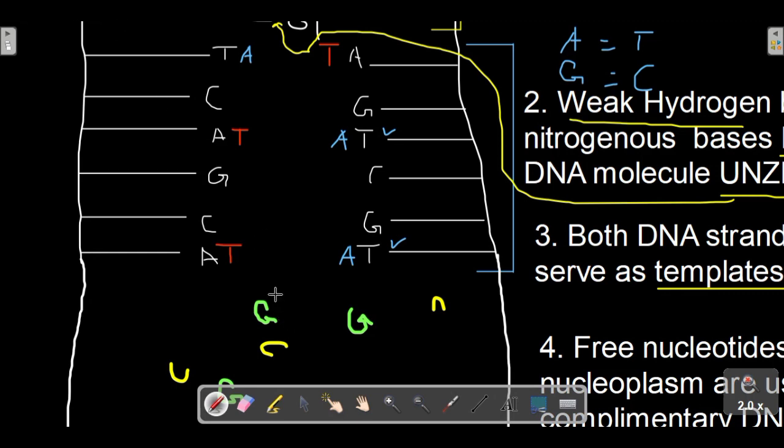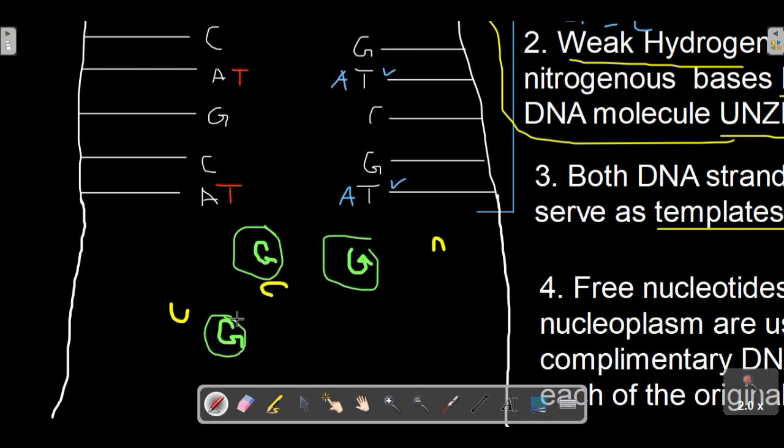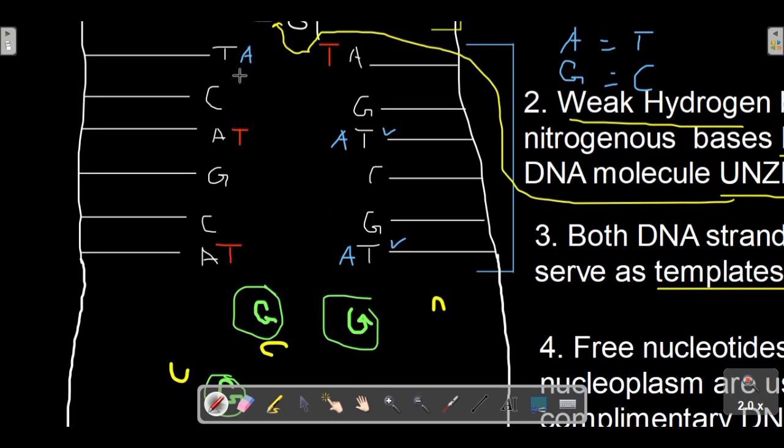There we go. We have guanine there. 2, 3. Because you have how many cytosines? 1, 2, 3. So these 3 guanines will bond with these 3 cytosines. Okay, no, that's a mistake. Okay, there we go.